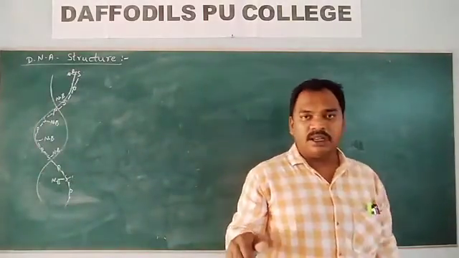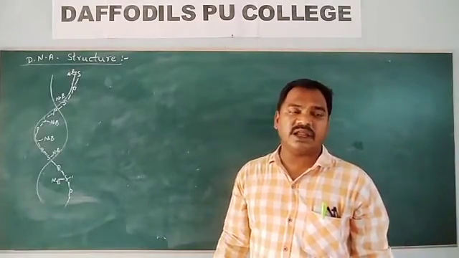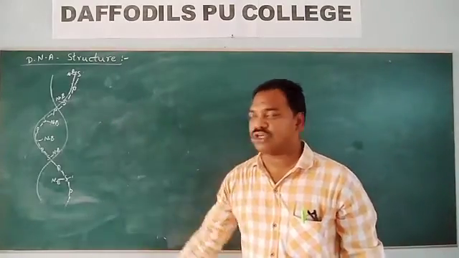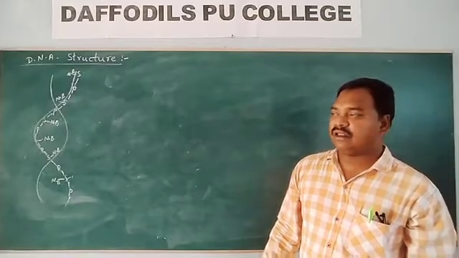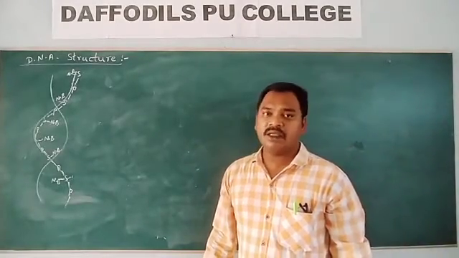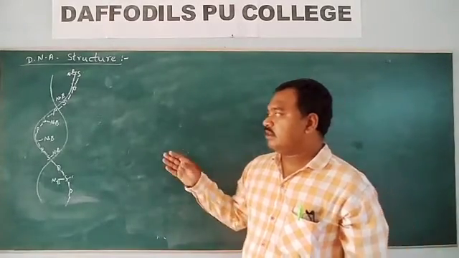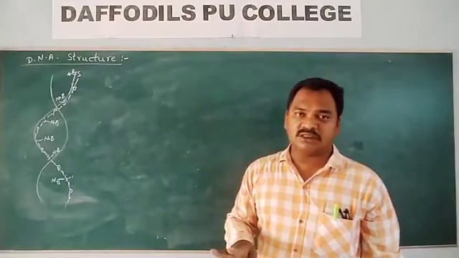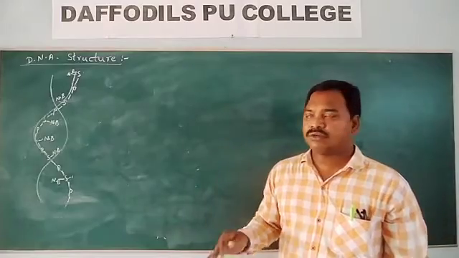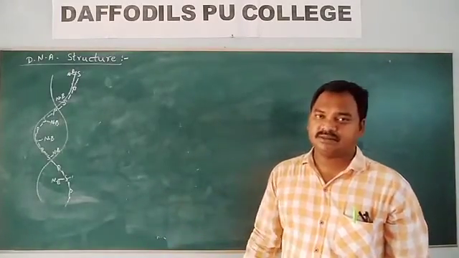They are coiled in the right hand side. DNA contains a right-handed helical structure. These strands are made with nucleotides. So DNA is the polymer of nucleotides.